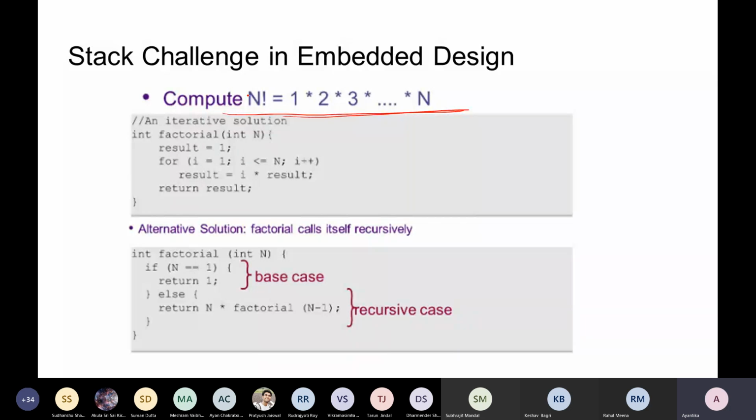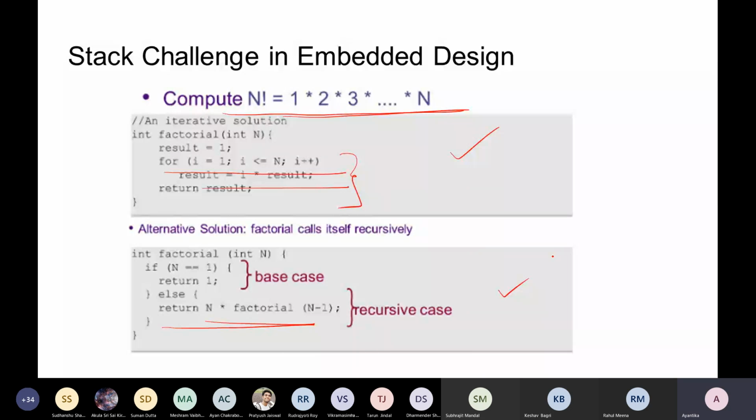These are the two ways we can compute n factorial. If we go by an iterative step, not a recursive step, we just take a for loop and compute result equal to i into result. This is the main basic step of computing the factorial. Similarly, the same code can be written in a recursive way, where I return n into factorial of n minus 1. So this is the iterative way, and this is the recursive way.